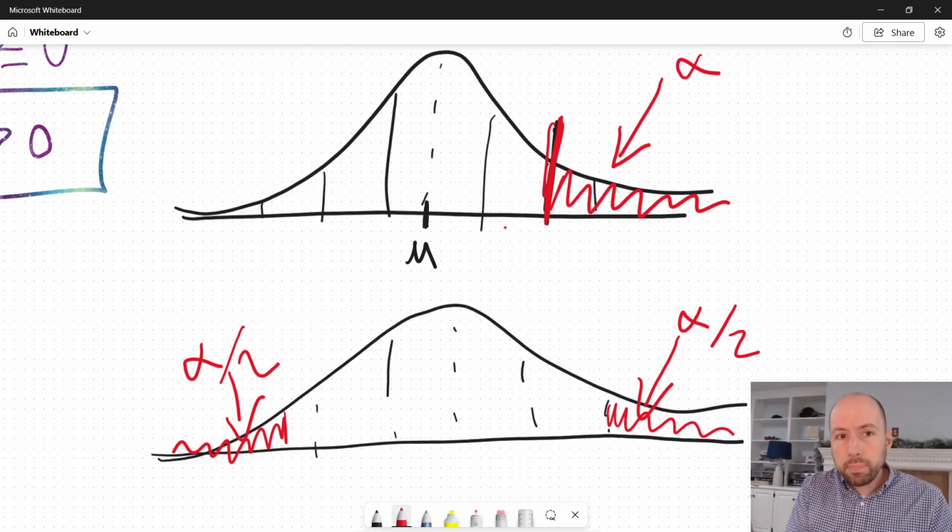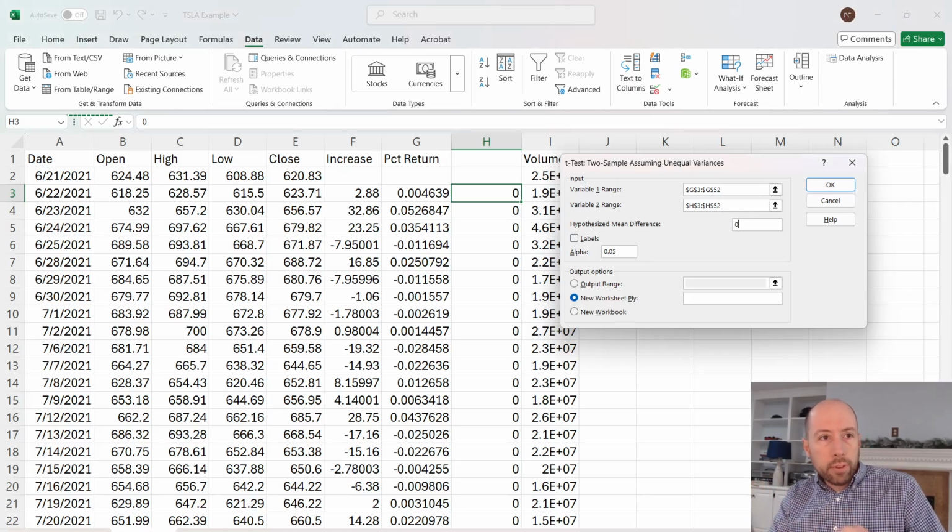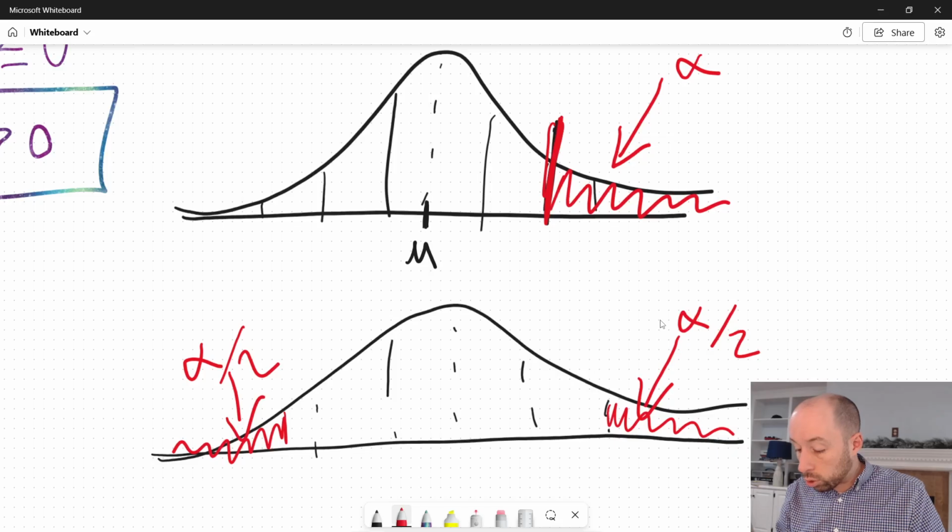Back to Excel. I feed Excel my daily percentage returns for Tesla stock, and I feed Excel a column of zeros with 0 variance, which forces this thing to test the average returns against a constant. And I say alpha 0.05, sure, will be 95% confidence. I only want a 5% chance of accidentally rejecting the null hypothesis if the null hypothesis was true.